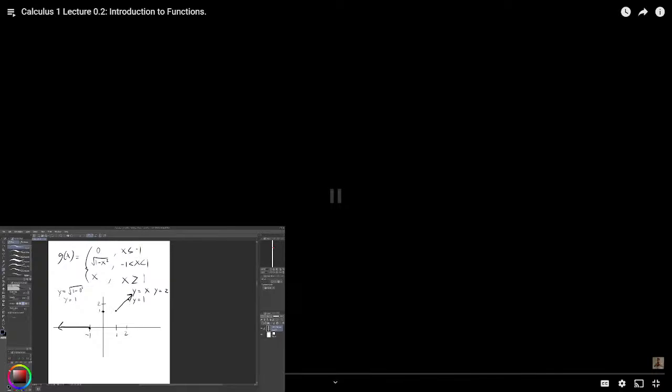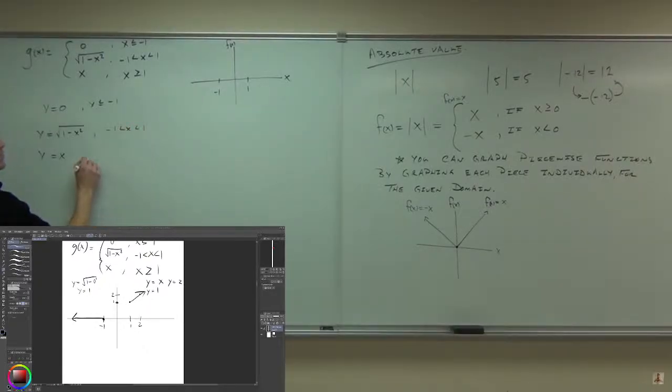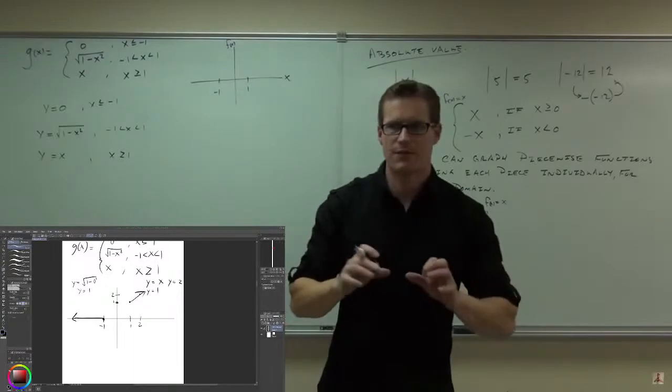Up 1/1. -1 and 1. And this is the piece that's working when you're greater than or equal to 1. Split it up if you have to, but you need to be able to graph each of those functions.